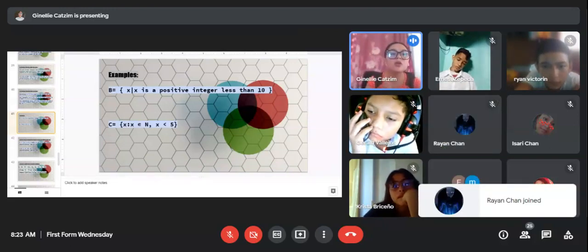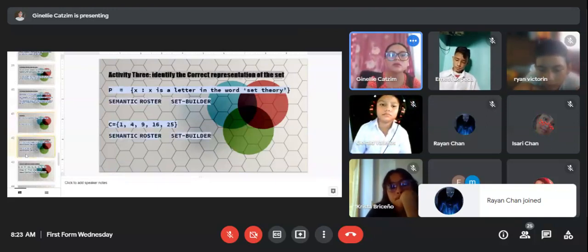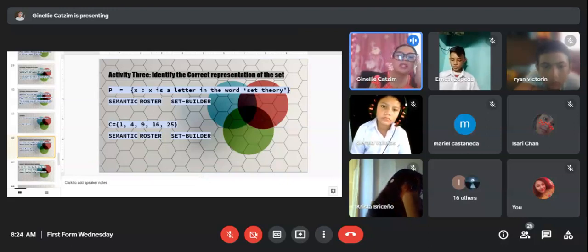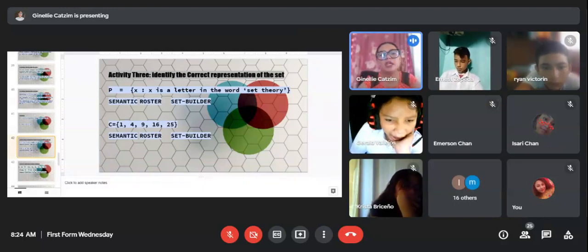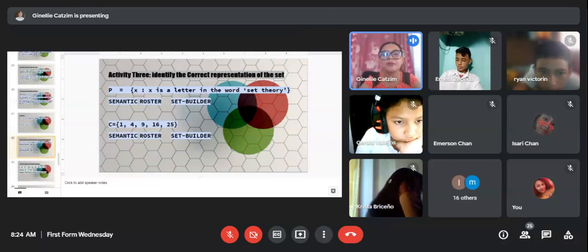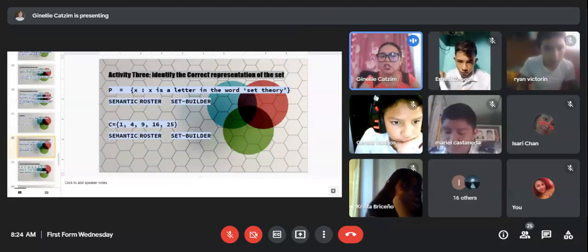Okay, so now we have activity 3. Identify the correct representation of the set. We have set P equals X, where X is a letter in the word set theory. Is that semantic, roster, or set builder notation?